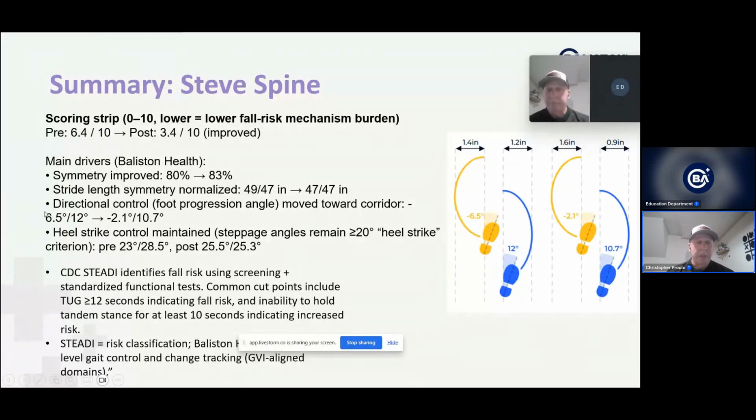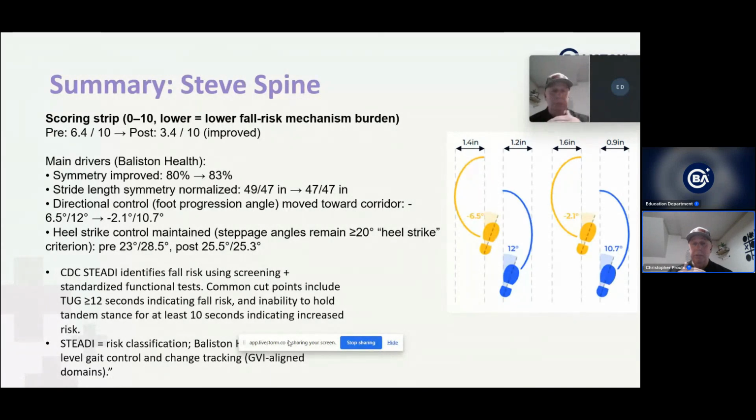So the Center for Disease Control, they use a program called Steady. So Steady utilizes things like the timed up and go test, balance testing, and things like that. So we still utilize some of that, but I like this performance-based outcome measure because it does a really, really good job at highlighting those sorts of things to the patient.